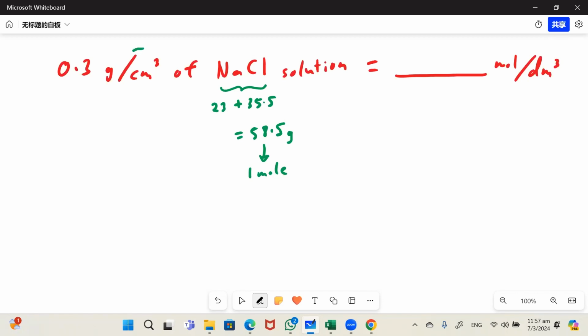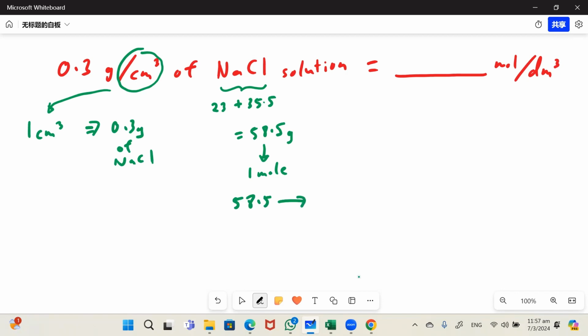Per cm cube means every 1 cm cube of water contains 0.3 gram of sodium chloride. 0.3 gram of sodium chloride is how many moles? 58.5 grams is 1 mole, so 0.3 grams is how many moles?